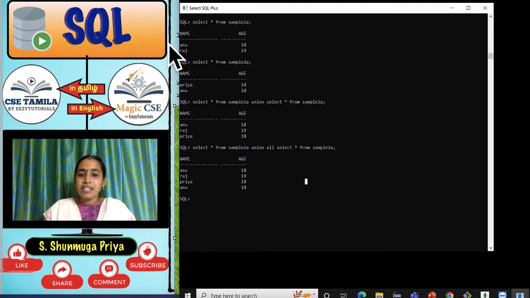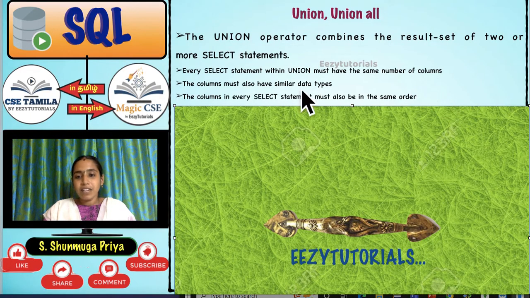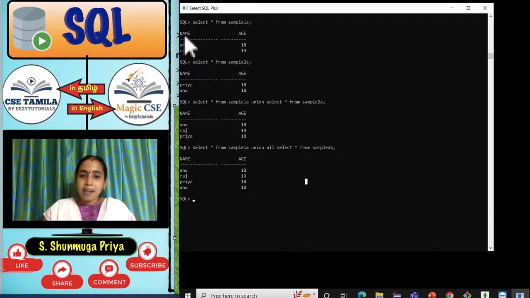Both have the same data types, appearing as name followed by age. Here also name followed by age. So the order should be the same, the data type should be the same, and the column count should be the same. Only then will you be able to apply the union and union all commands.